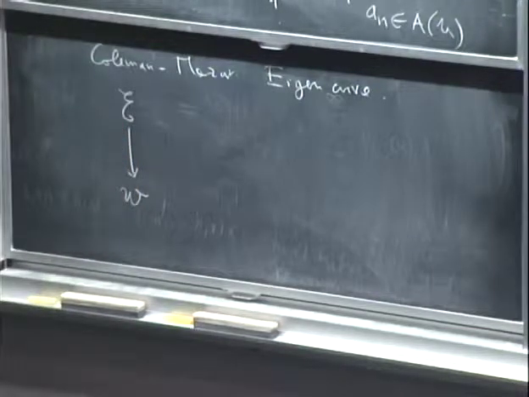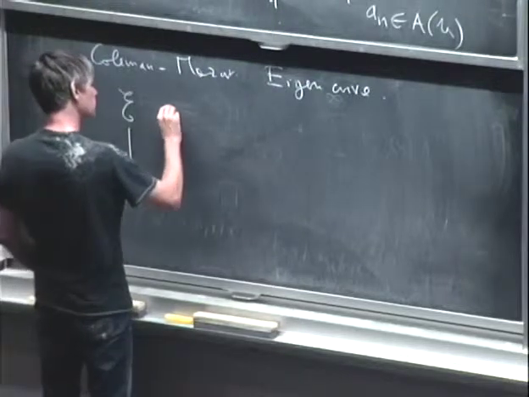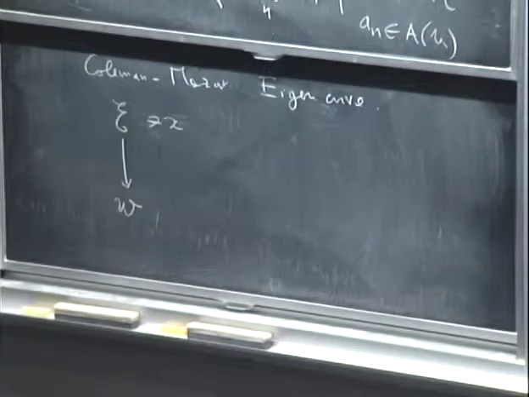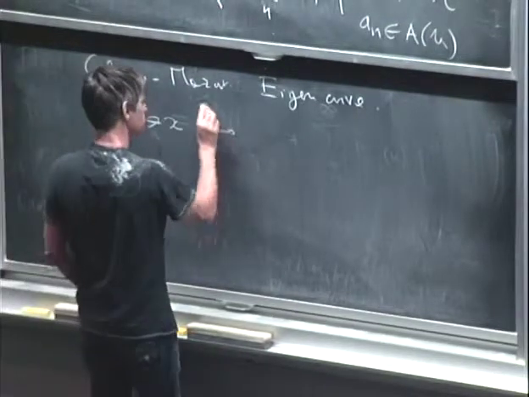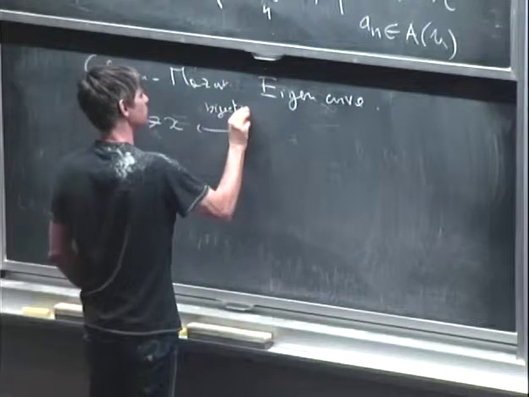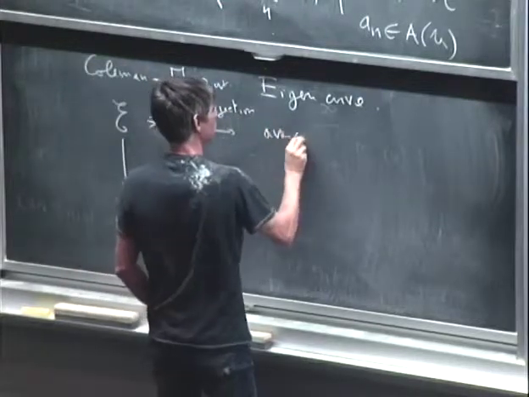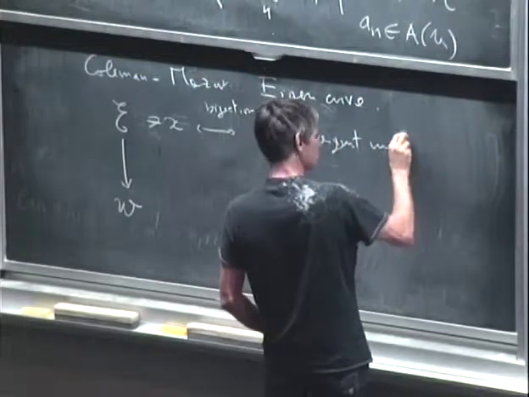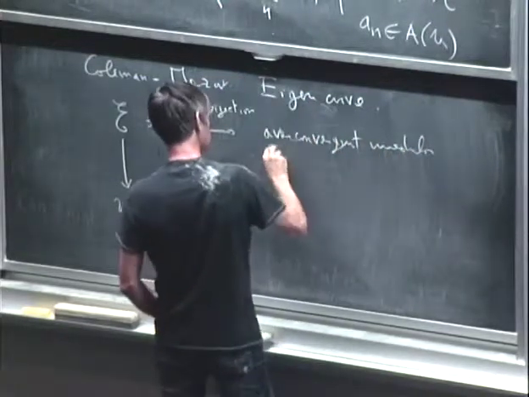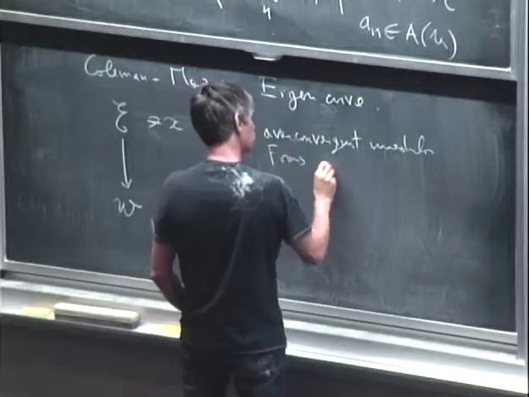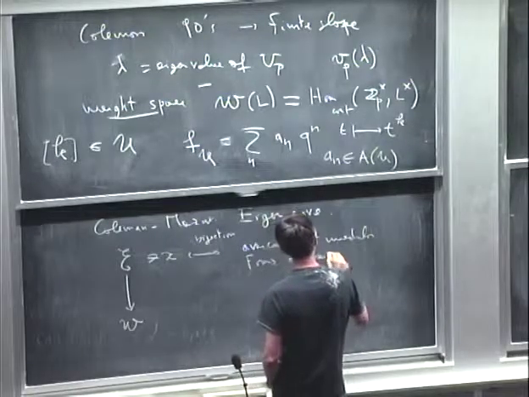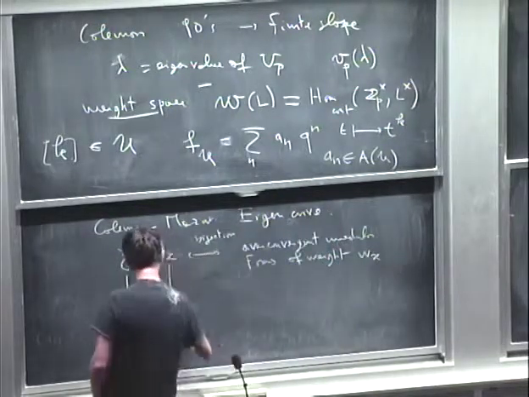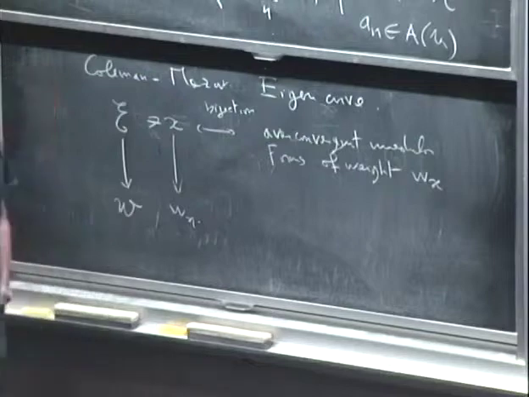And so the points of the eigencurve are in bijection with overconvergent modular forms of weight w(x), where w(x) is the projection on weight space of the point.